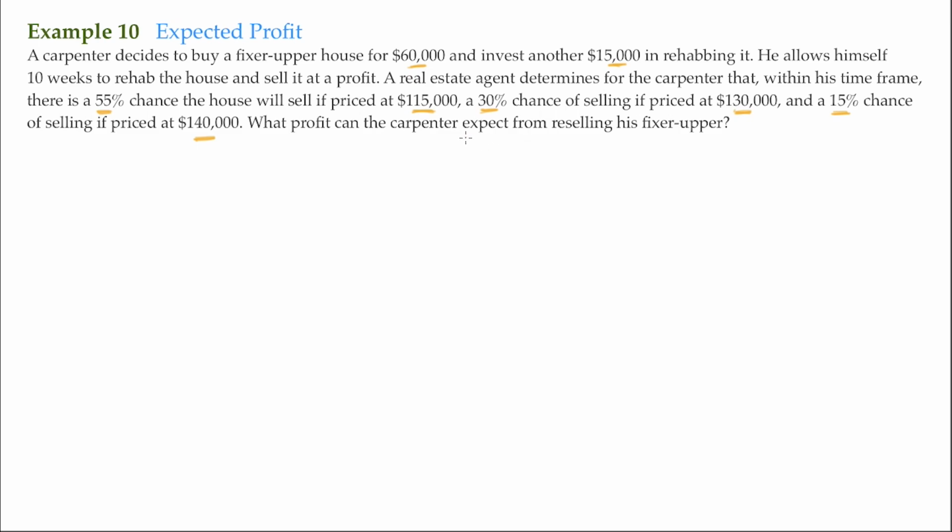And of course, what is the expected profit that he's going to make? So we'll go ahead and make our table here. We're talking about a profit here. And of course, the probability of those profits occurring.